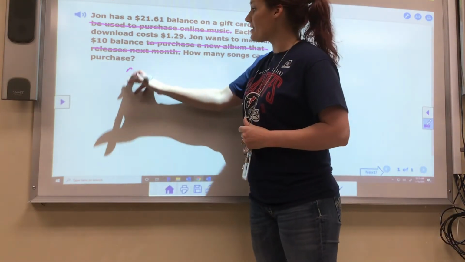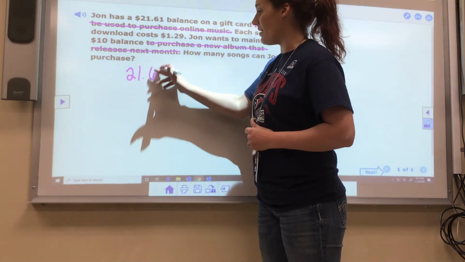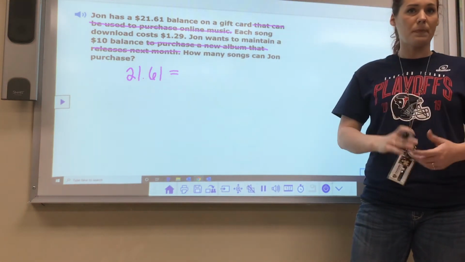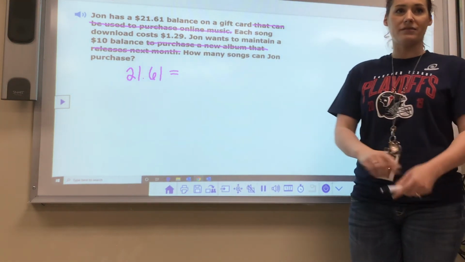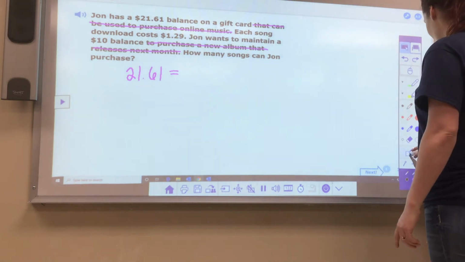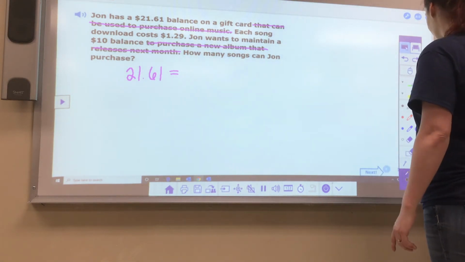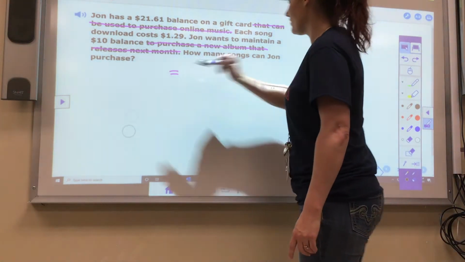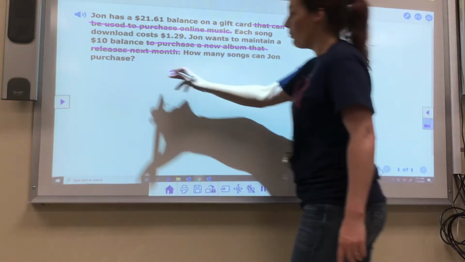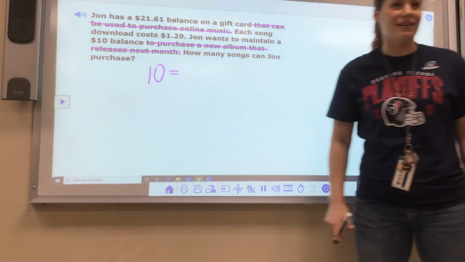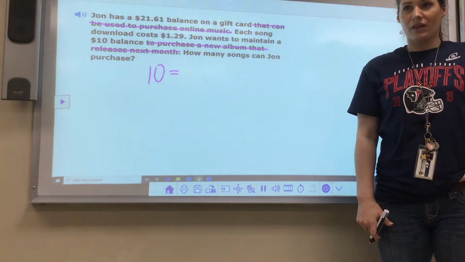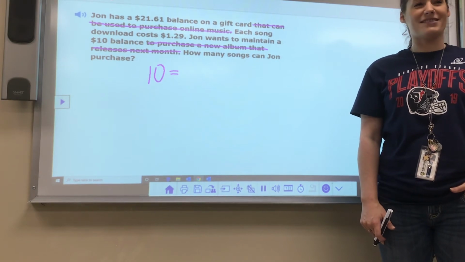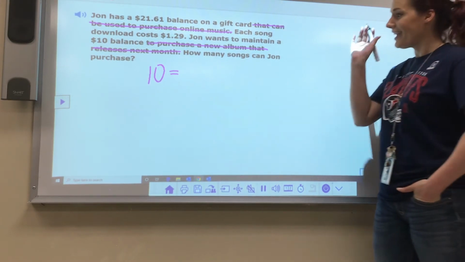So he has a $21.61 balance. Wait, no, that's not right. I take that back. Oh wow. He wants a $10 balance. Yeah, I saw the look on your face and I was like, wait, something's not right, and I thought about it. Okay, $10 balance.